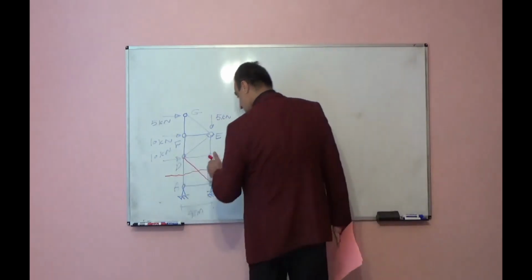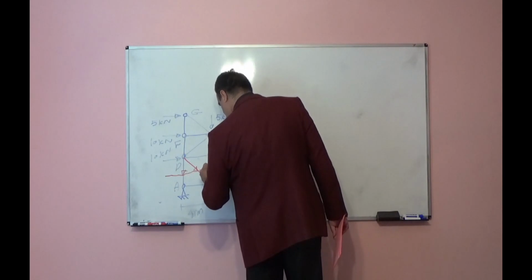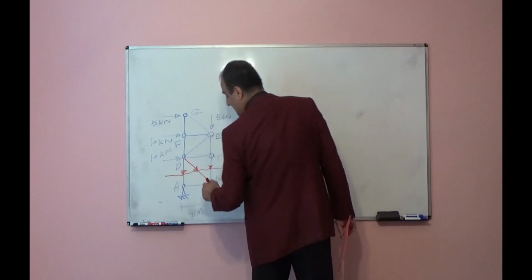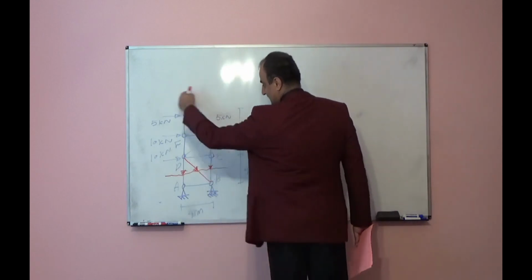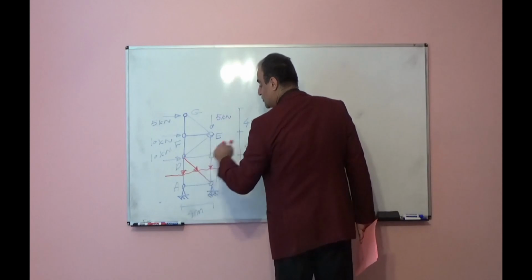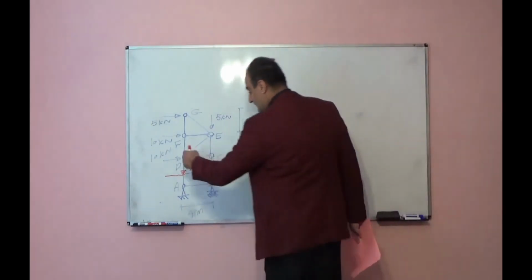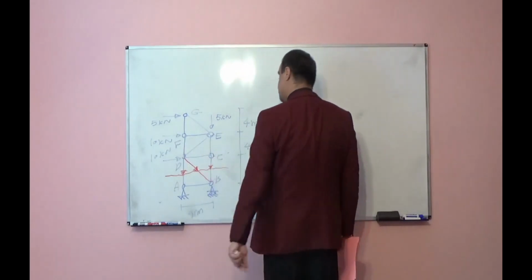I will cut like this. If I cut and draw free body diagram for the top side, I have this top part, and the arrow direction I show in tension direction goes out of these joints, you see.